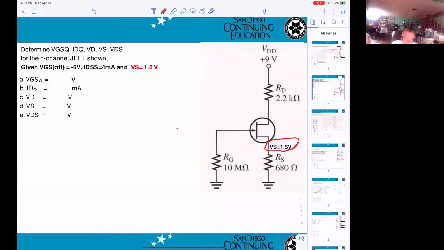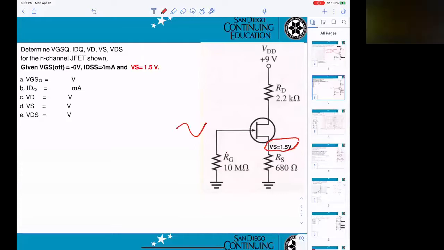When they apply the signal input here, if you don't have an RG, they short it to ground, so you don't have a signal going into the gate. That's why they need RG, to isolate the gate from ground when you're doing the amplifier. Okay, thank you.